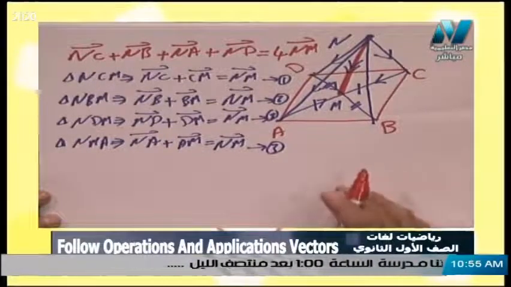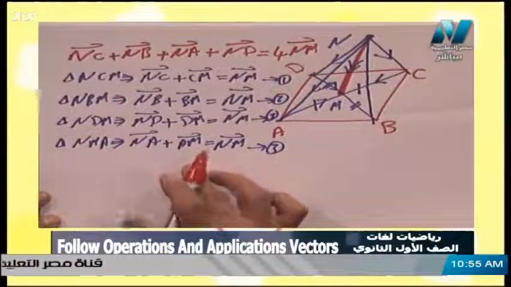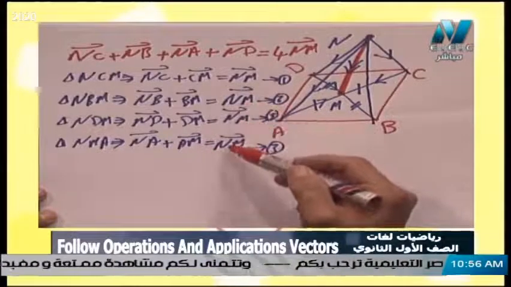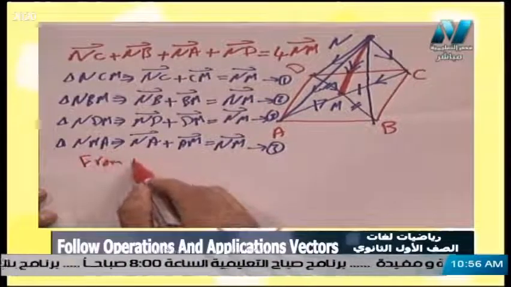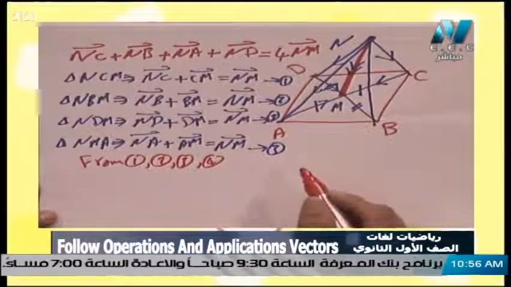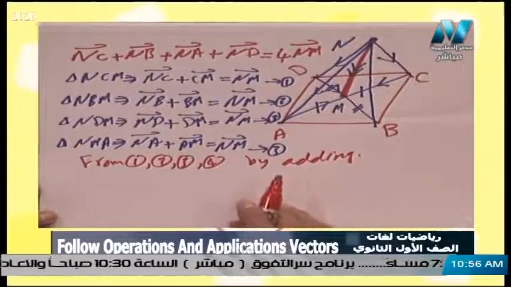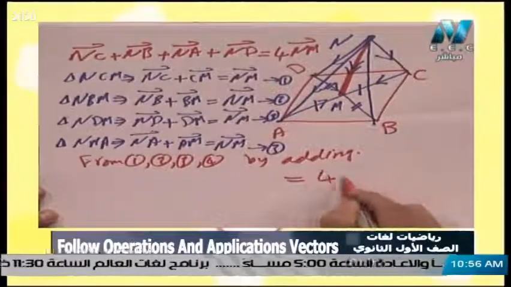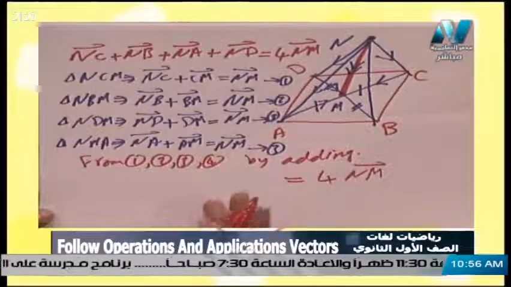Why? Because forget the drawing here and pay attention to these equations. We have NM plus NM plus NM plus NM, which gives 4NM, so from equations 1, 2, 3 and 4, by adding, it's easy to deduce that we have 4NM. This is the right side. Look carefully at the left side.